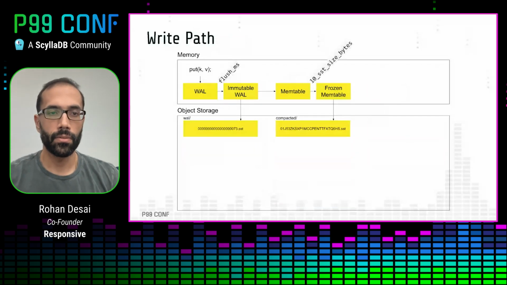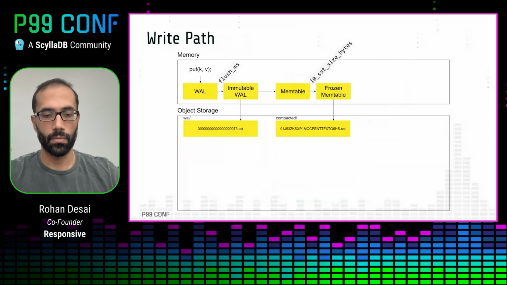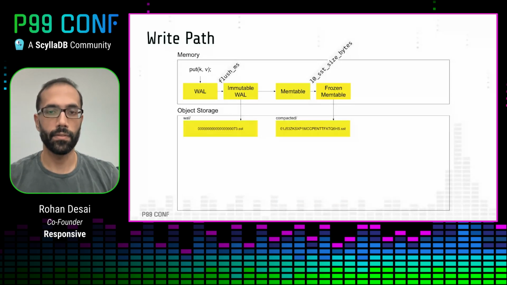So now I want to come to how the writer works. The writer is the thing that sits on top of object store and actually implements SlateDB's API. The writer is totally diskless, in the sense that it doesn't store any of its critical state on local disk. Everything is kept in object store. It can use a disk as a cache, but it won't store anything that it needs to be durably stored in that cache.